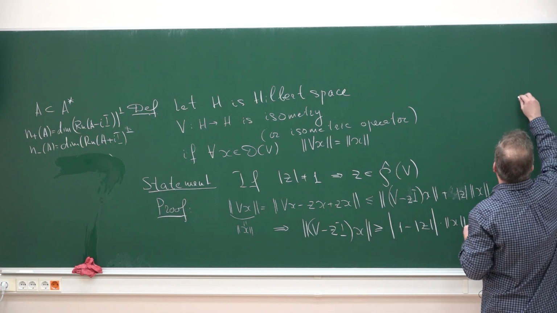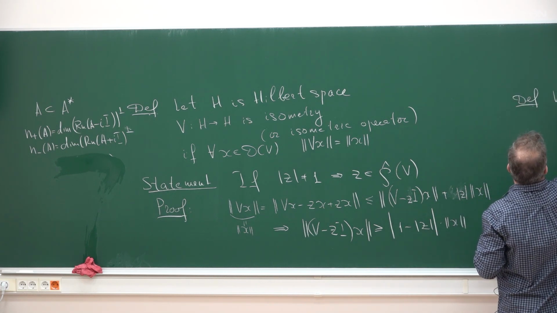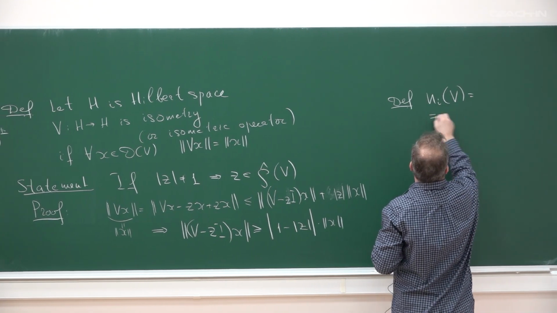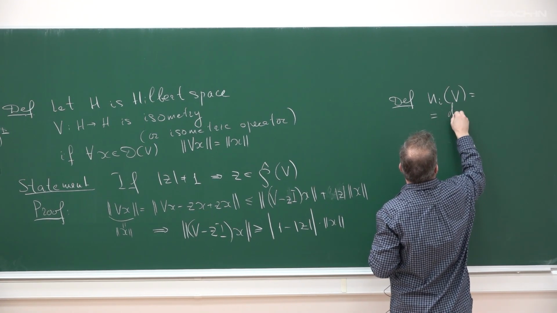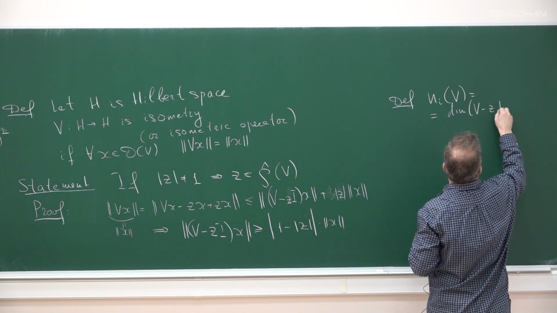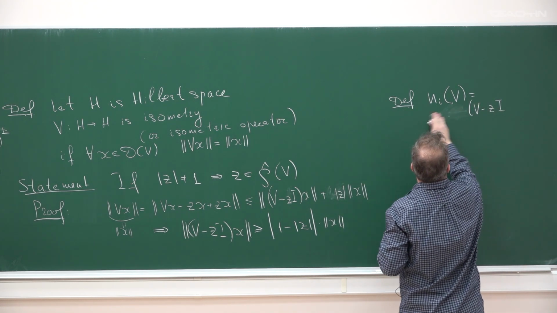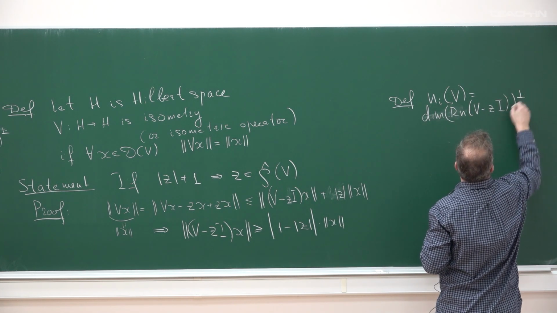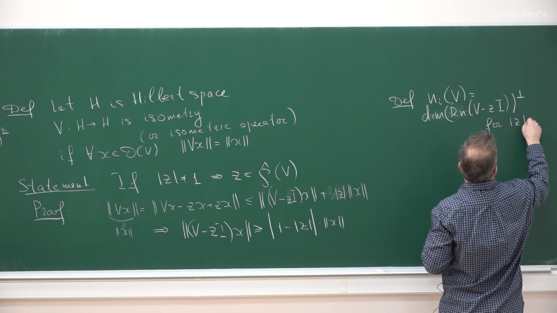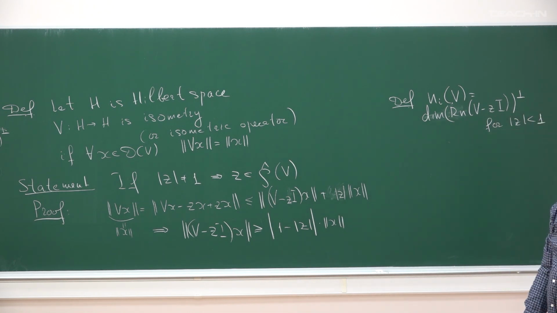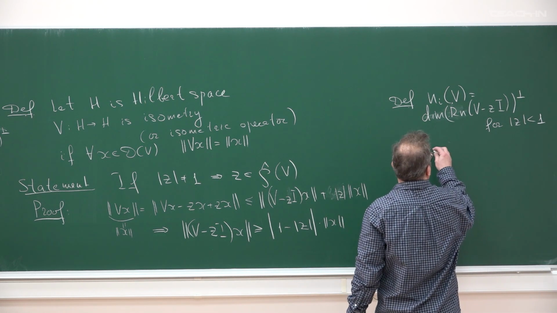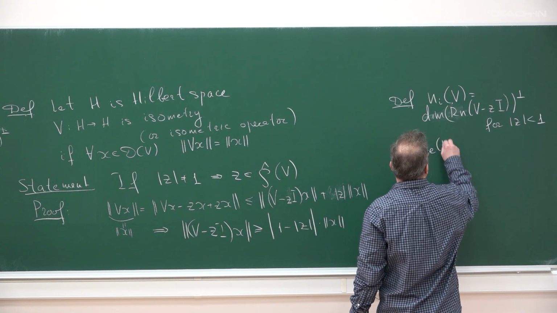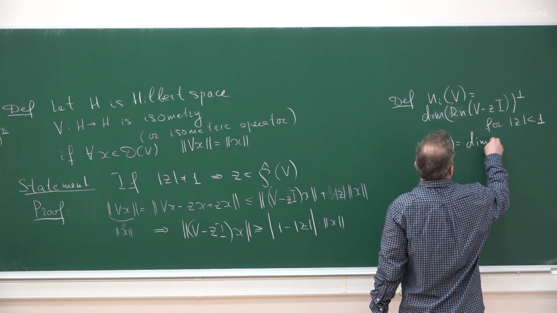So we can define the exterior of V, and the exterior defect numbers the same.